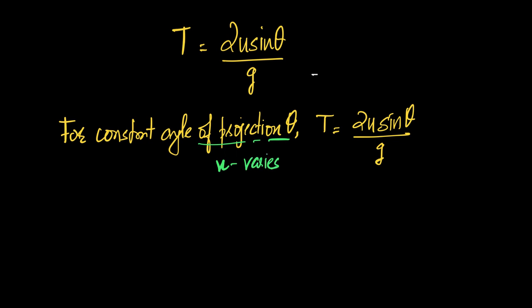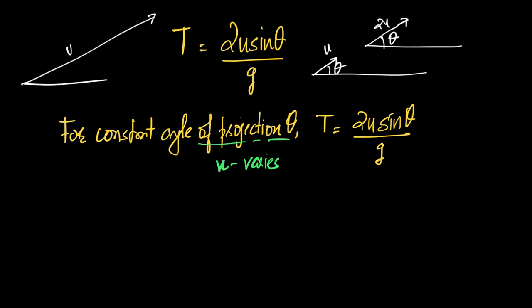Which means I'll fire the object with u at an angle theta. In the second case, I'll fire the object with 2u at an angle theta. In the third case, I'll fire the object with 3u at an angle theta. So what remains constant? Angle of projection theta. But what varies? u varies: u, 2u, 3u.